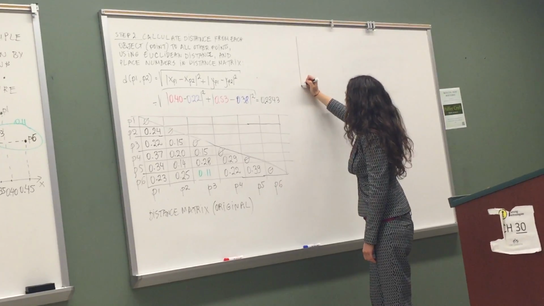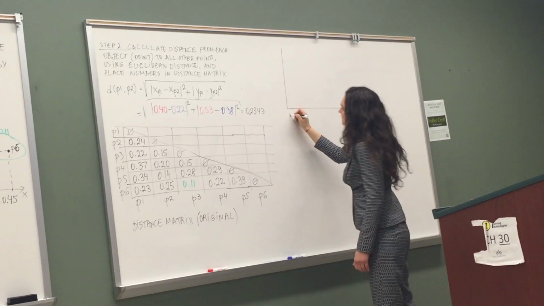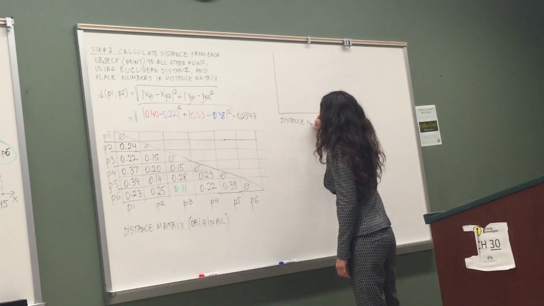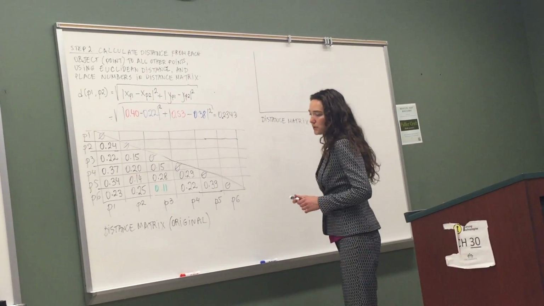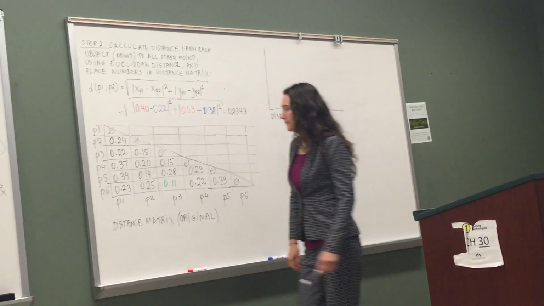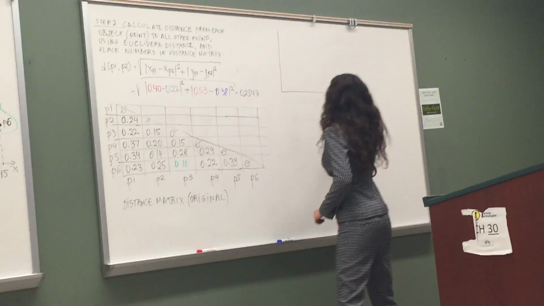And in the new distance matrix, we move differently. Because point 3 and point 6 will be shown as one object.